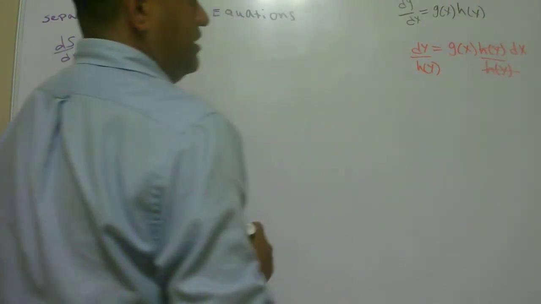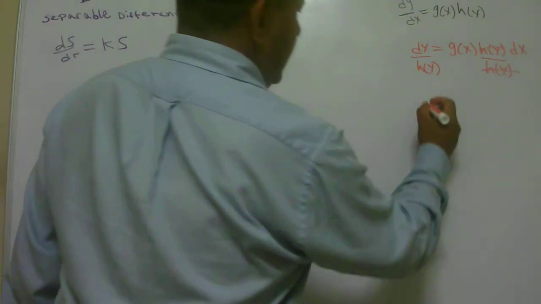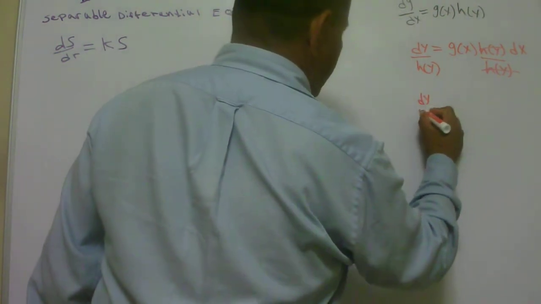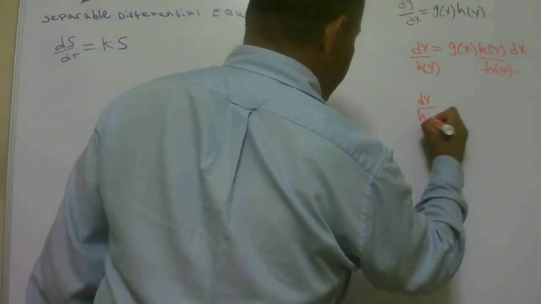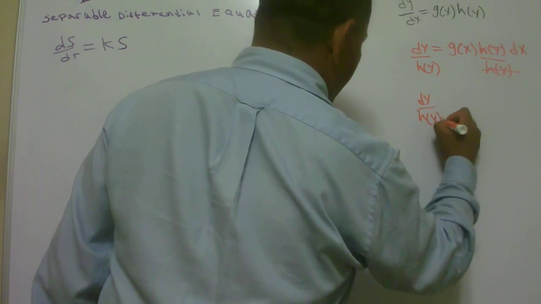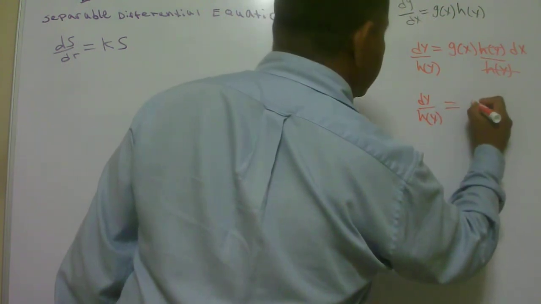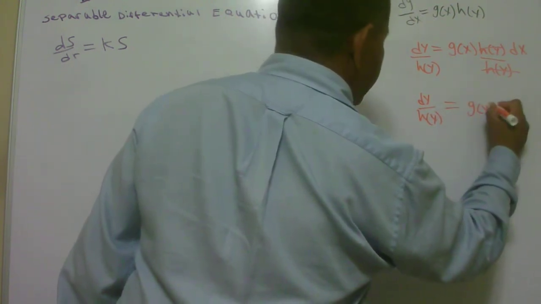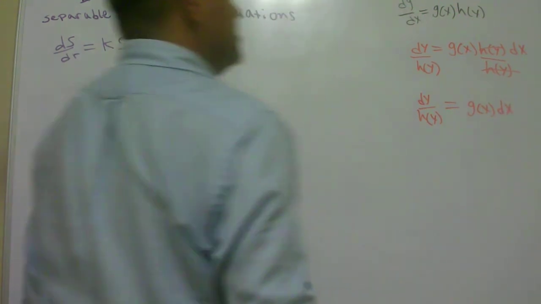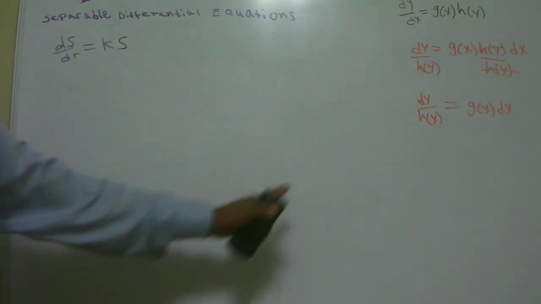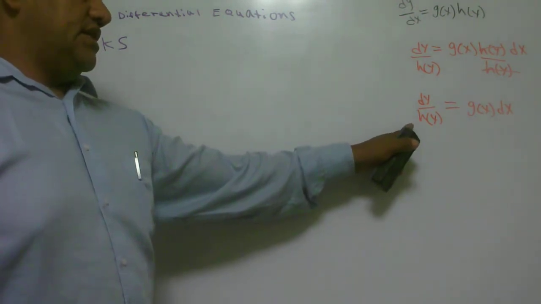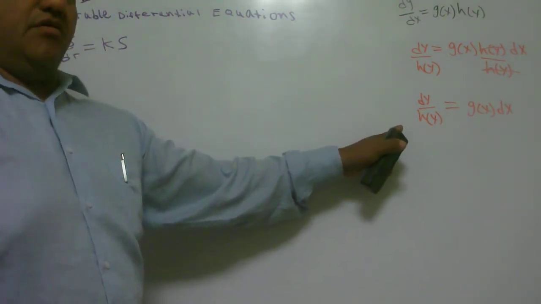Those cancel each other out, and I get dy over h of y equals g of x dx. Now this is already separated.